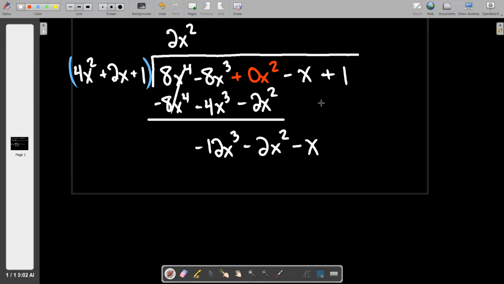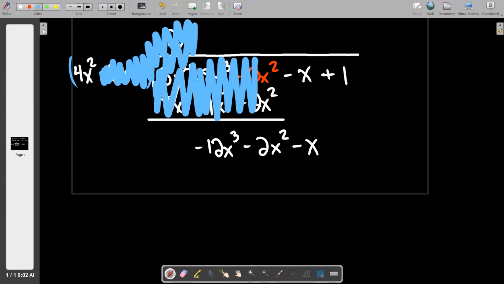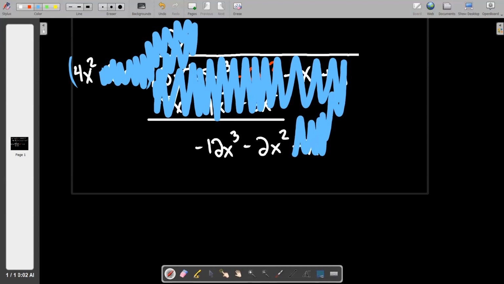So maybe I just helped someone's light come on. If not, let me show you again. The only thing now we have reset that you care about, and I'm going to scribble a lot of things out right now. I will undo all of this in just a second. The only thing that matters now is how many times do you have to multiply the one on the outside by to turn it into a dead carbon copy?